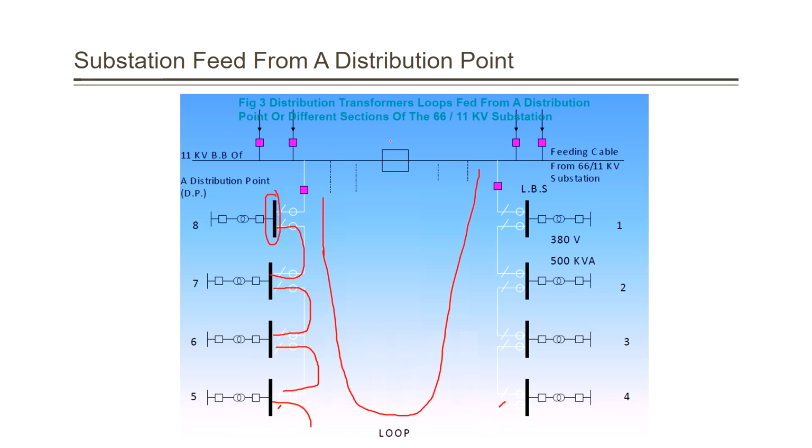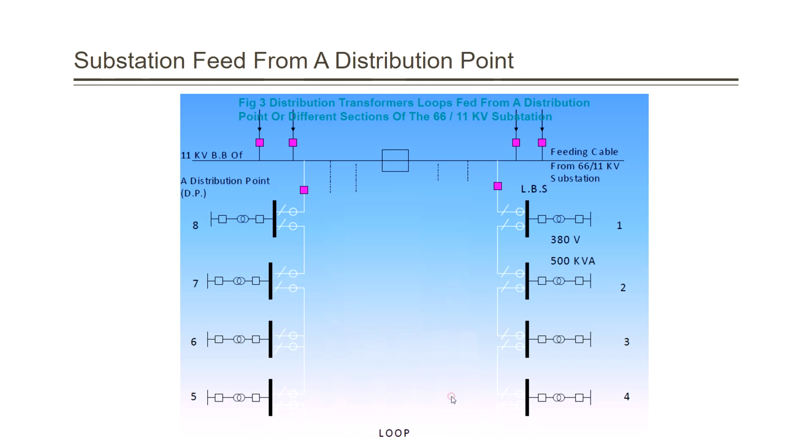Okay, so what is the benefit of the loop? If we are not connecting between them, then what is the benefit? The benefit is simply like this. Assume that we have a fault here. Okay, so the circuit breakers here will act and turn off this line, due to the presence of a fault, and this isolating switch will be off.